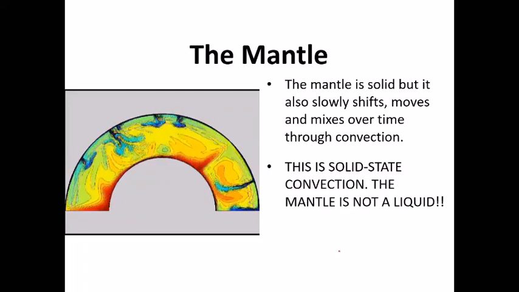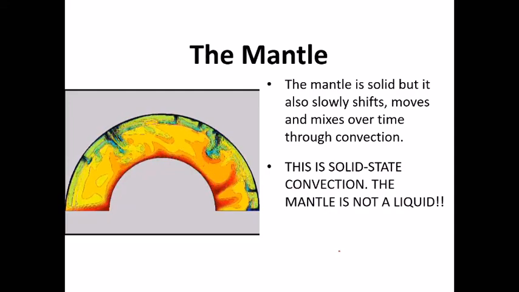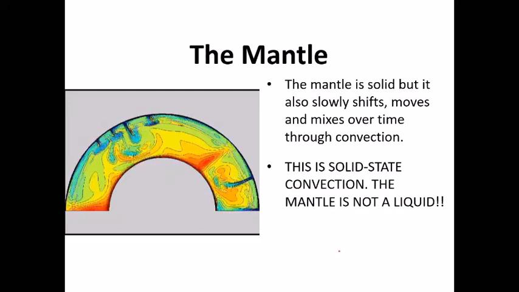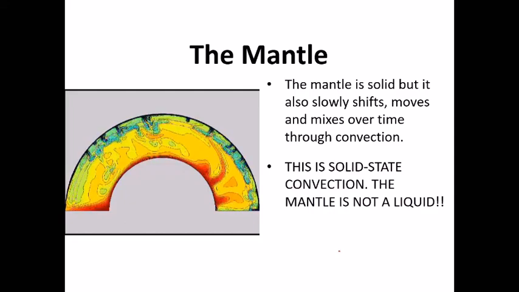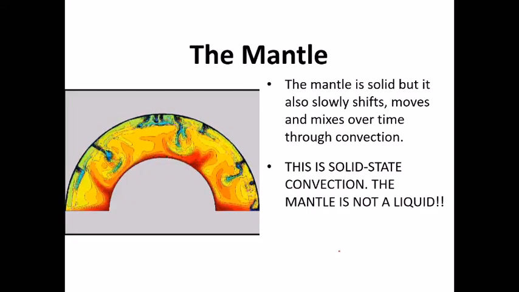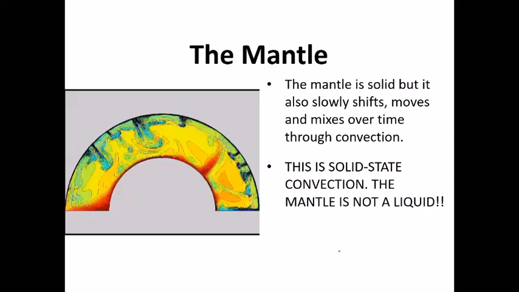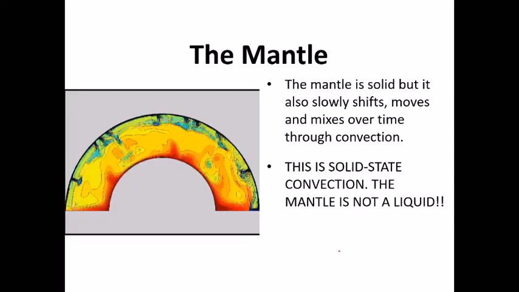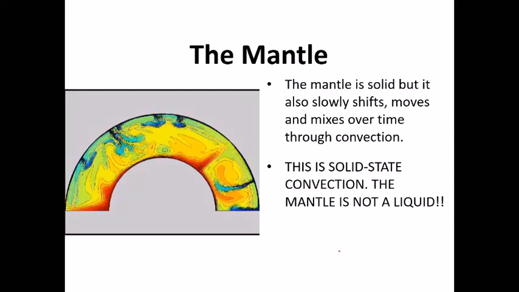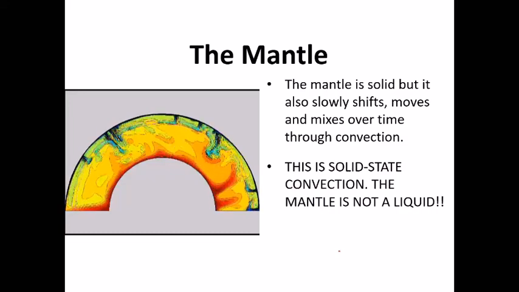Or maybe 70 million years of history. So this process takes a long time. But I want you to realize the mantle is convecting, but it's not a liquid. So things can convect in a solid form.